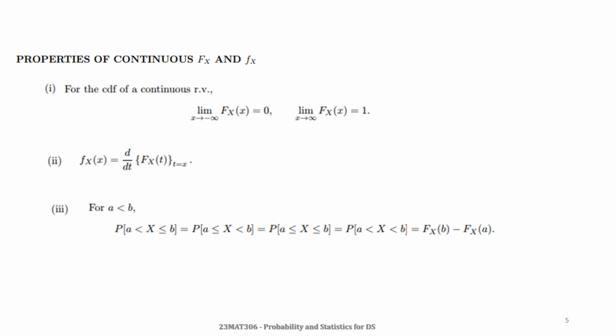The cumulative distribution function of a continuous random variable takes the value 0 and 1 when the limit tends to minus infinity and plus infinity respectively.